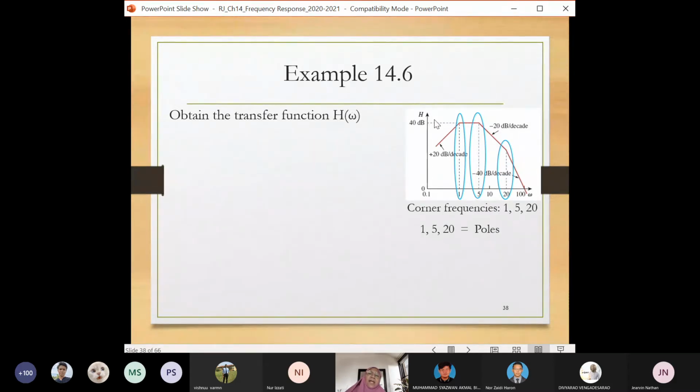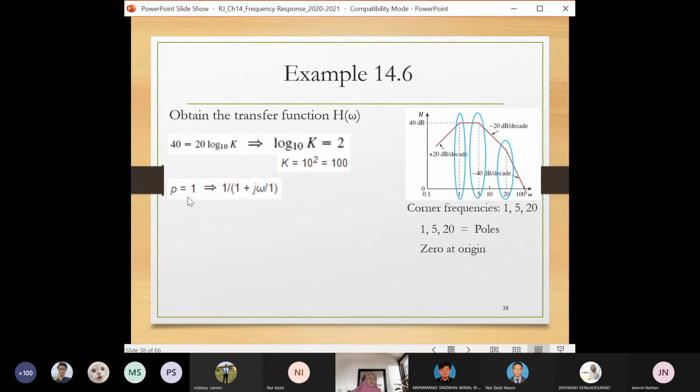But then you start at 40, so it must have a K value, and a zero must be at the origin. So you have 40 equals 20 log 10 of K. From this 40, you will obtain the K value, where K should be 100.